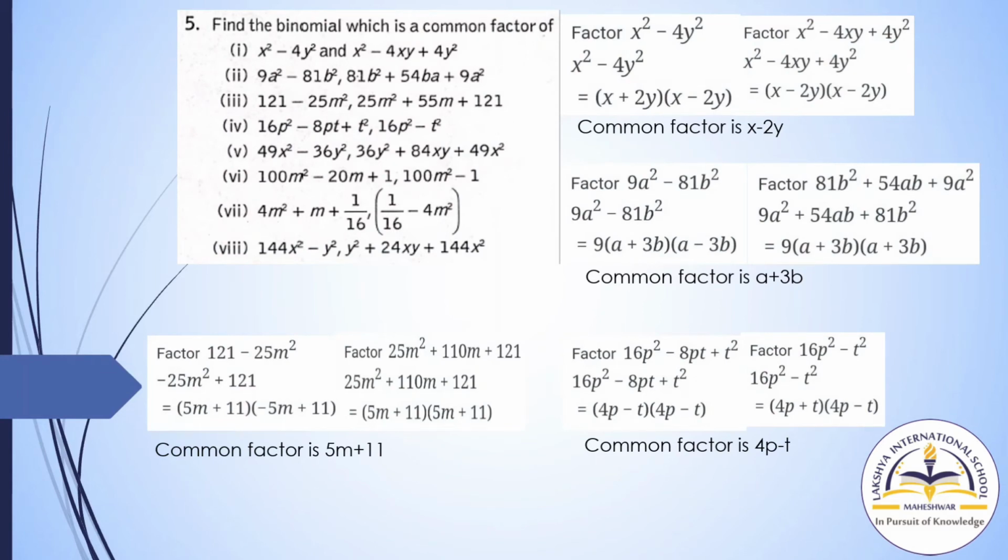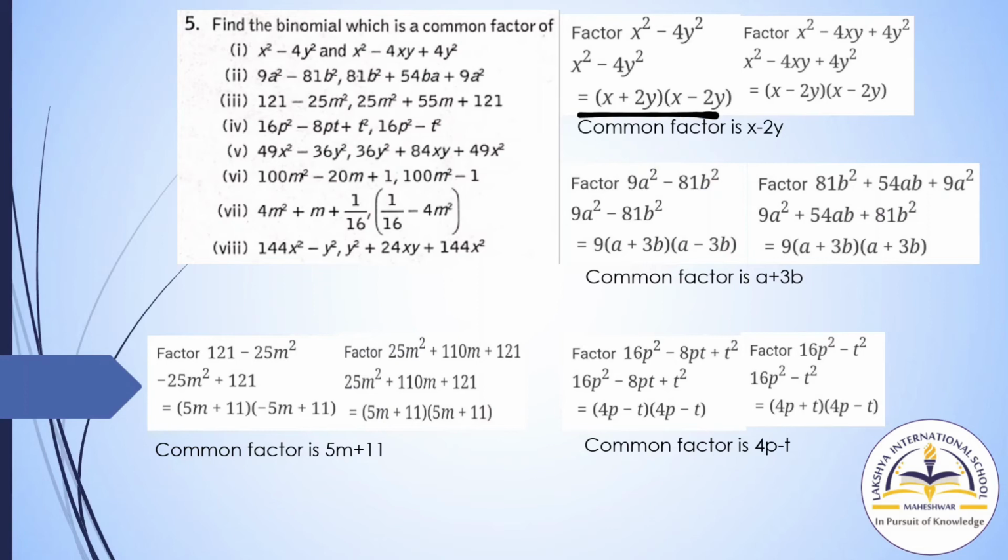Now we will solve question number 5. Find the binomial which is a common factor of the expressions. In this question you have to find the factors of both the binomial terms, and then you have to find out which is the common factor from both the expressions. Now x square minus 4y square. Now we have to apply the identity, a square minus b square. We will get this one as you solved in our previous question also.